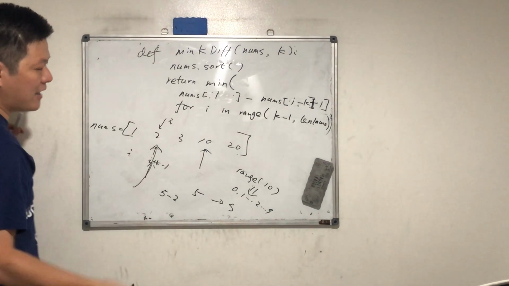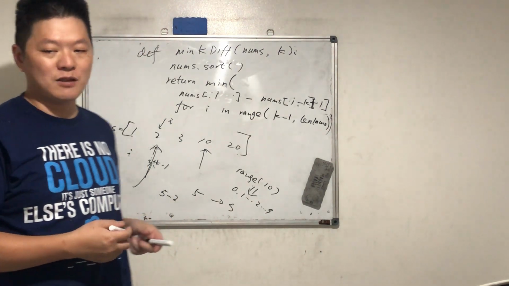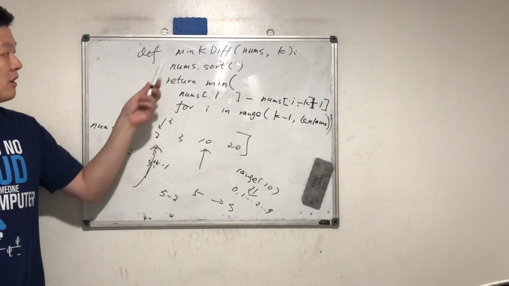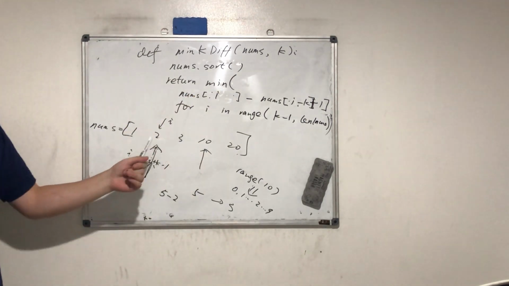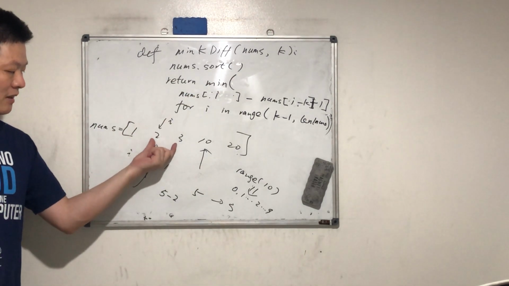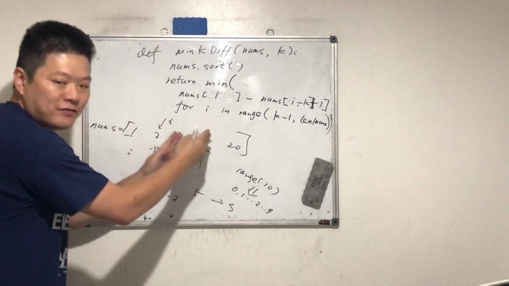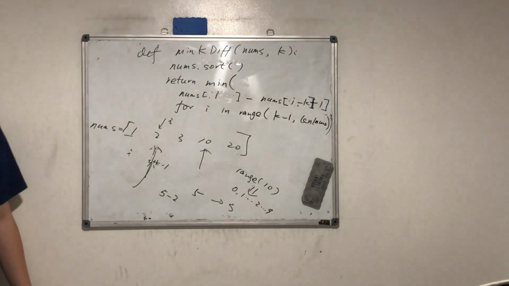Okay? So can you explain to me what's the approach? Technically, first of all, we need to sort it, and then we need to check every group of k.